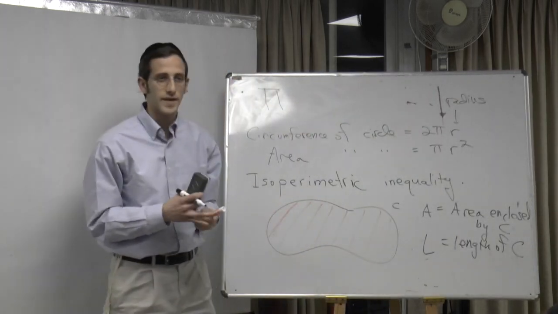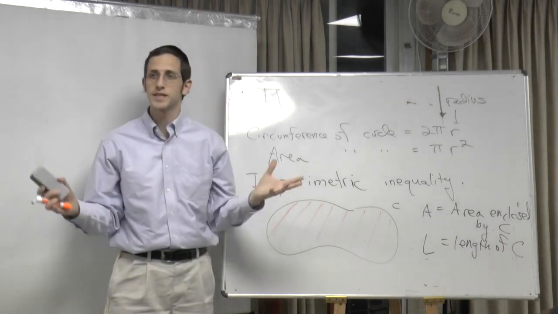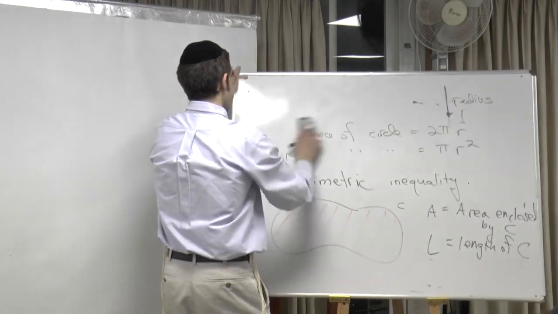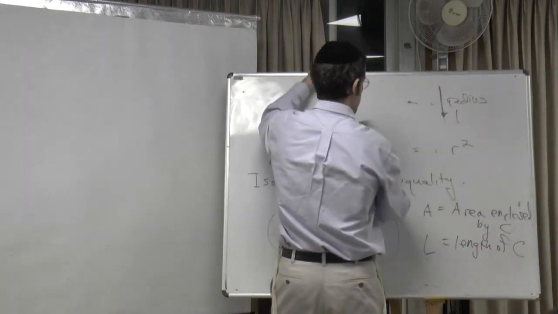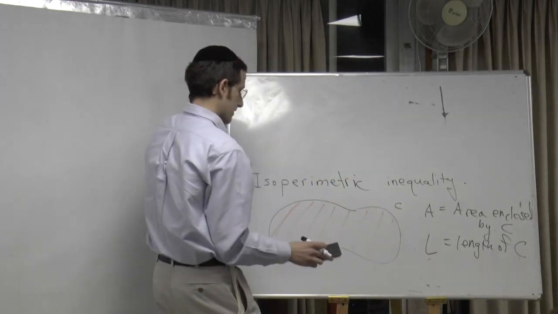So you could ask, if I have a certain length of fence and I want to enclose the biggest field possible, how should I do it? What are the limitations of a given fence?